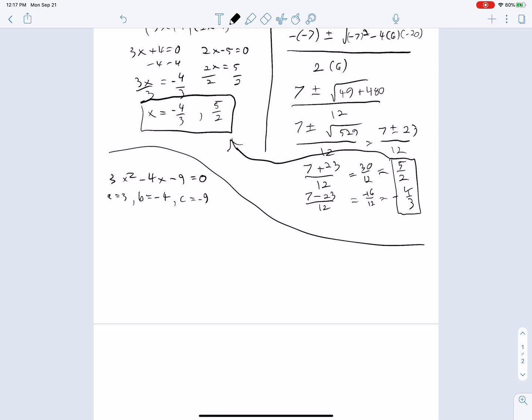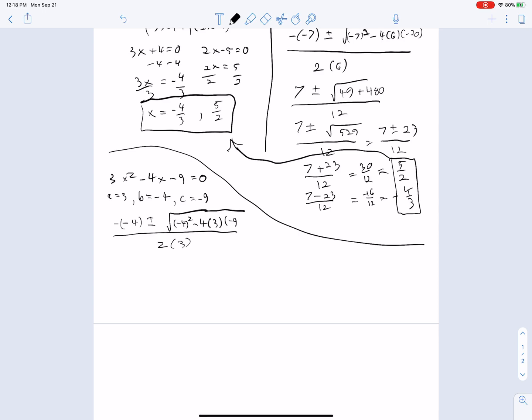So we're just going to plug these numbers right into our quadratic formula. So we have a -4 plus or minus the square root of -4 squared minus 4 times a, which is 3, times c, which is -9, all over 2 times a, which is 3.